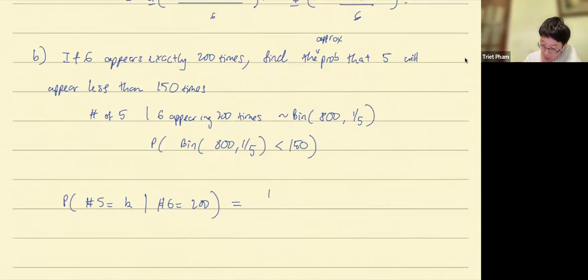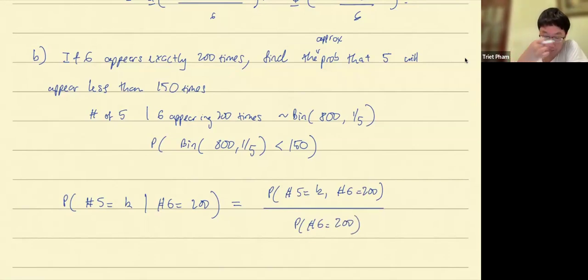Then this will be the probability that the number of 5s is equal to k and the number of 6s is equal to 200, divided by the probability that the number of 6s is equal to 200.